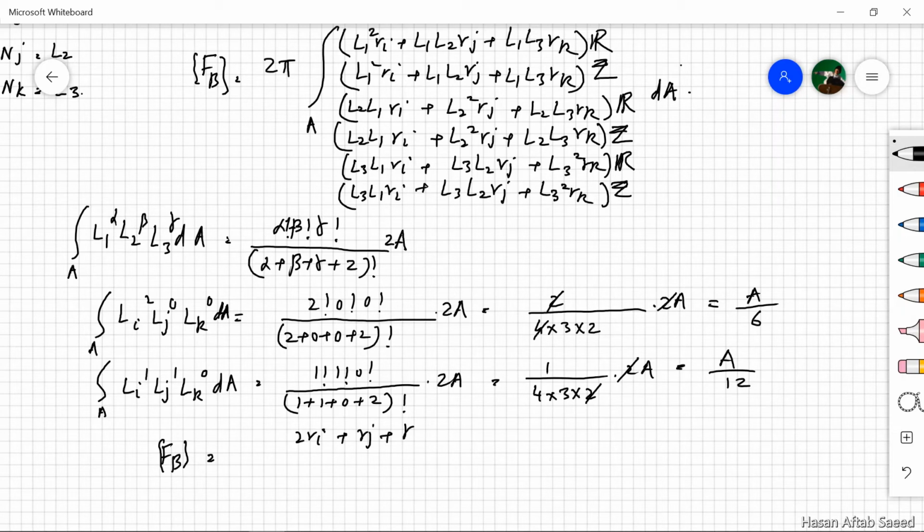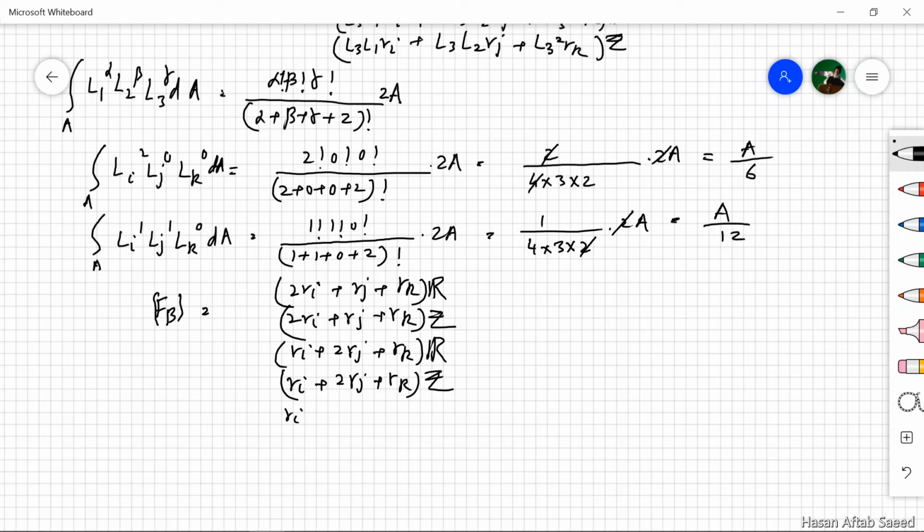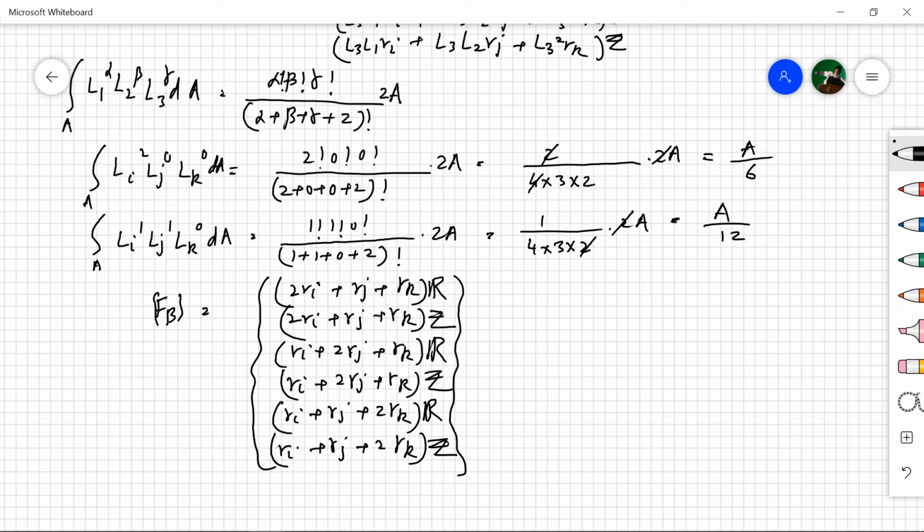2Ri plus Rj plus Rk, R, 2Ri plus Rj plus Rk, Z. Next two will be Ri plus 2Rj plus Rk, R, Ri plus 2Rj plus Rk, Z, and finally Ri plus Rj plus 2Rk, R and Ri plus Rj plus 2Rk, Z. And on the outside you have pi A over 6.